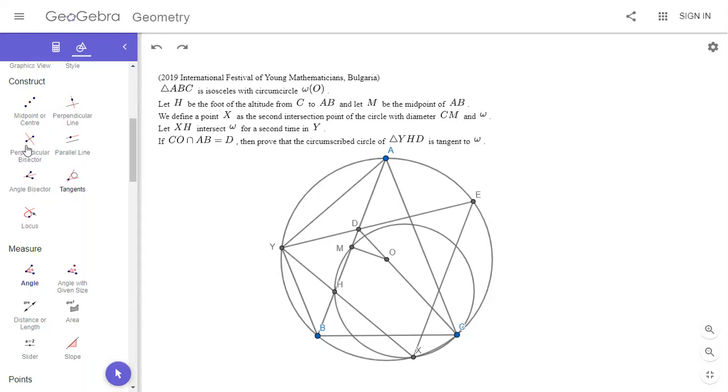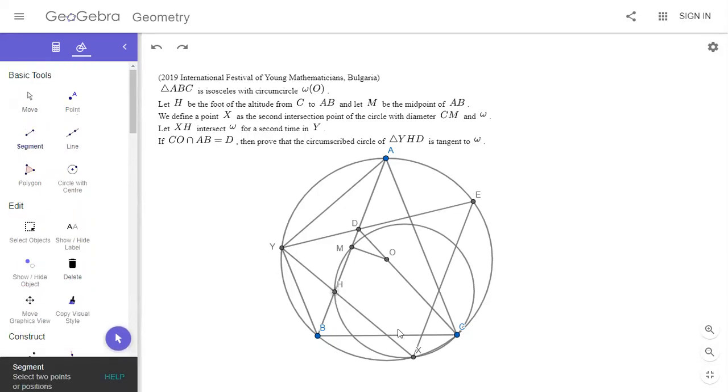So yeah, I forgot to draw H. We have to keep in mind H is the foot of the altitude from C to AB. So is that the nine-point circle? No, that's not the nine-point circle. That's interesting.